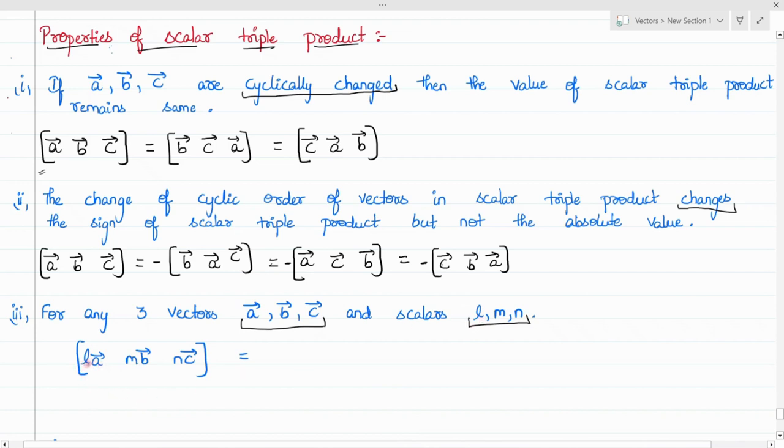The box product of L A, M B, and N C can be written with all the three scalars coming out, and inside the box product will be A, B, C. It's just like determinants. You can take out the constants outside and do the determinant of the remaining thing.